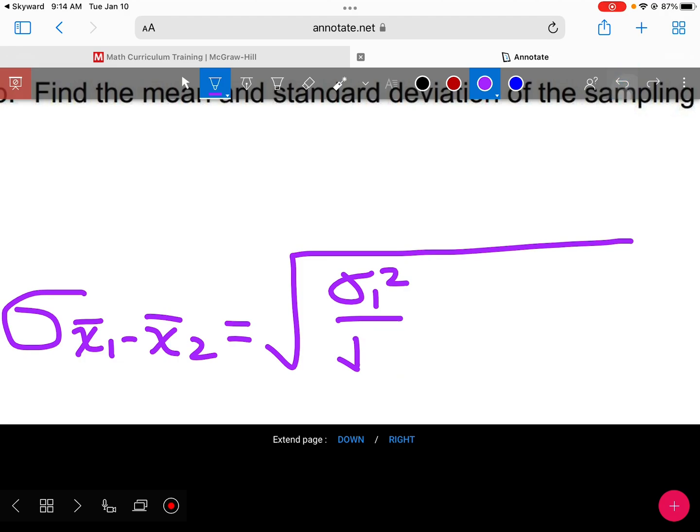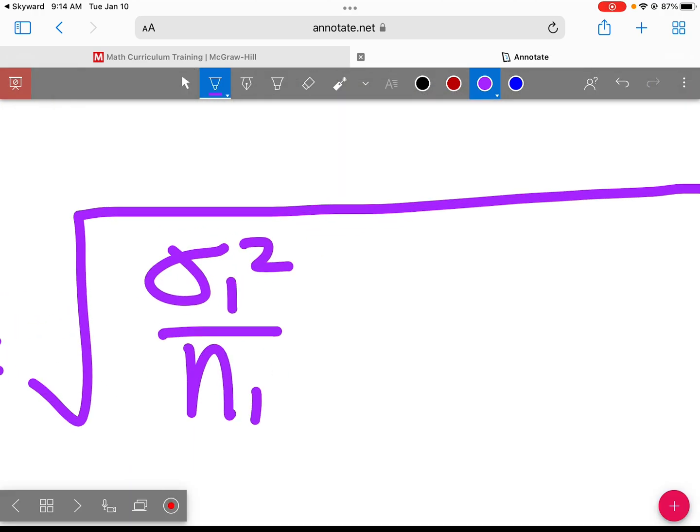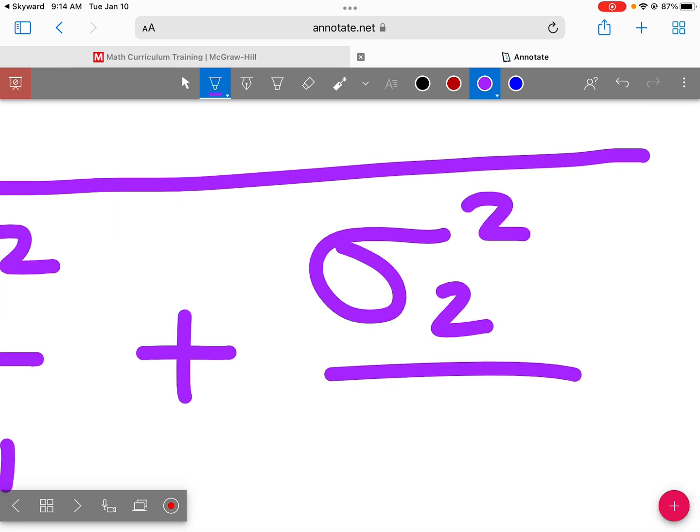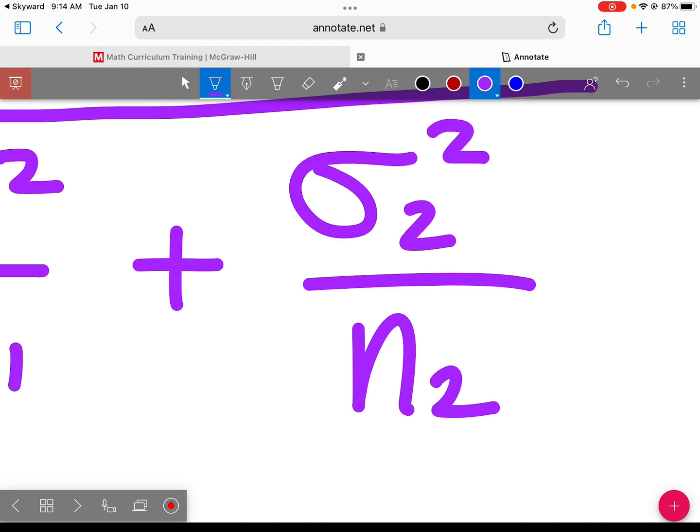Sorry, I started to write n1 and then my hand made a square root sign instead. Plus sigma 2 squared over n2.